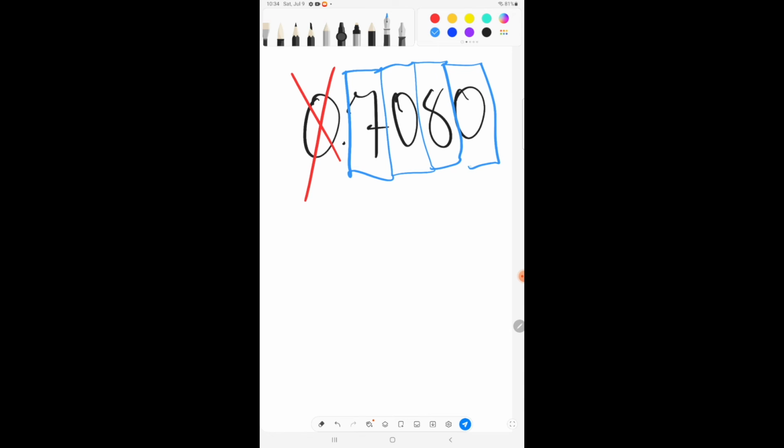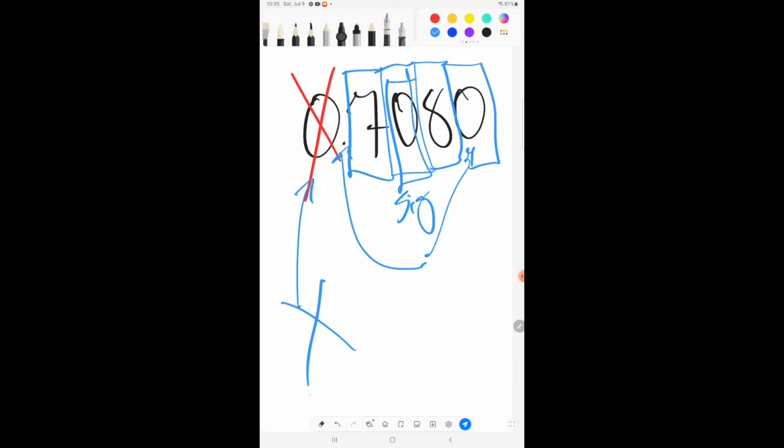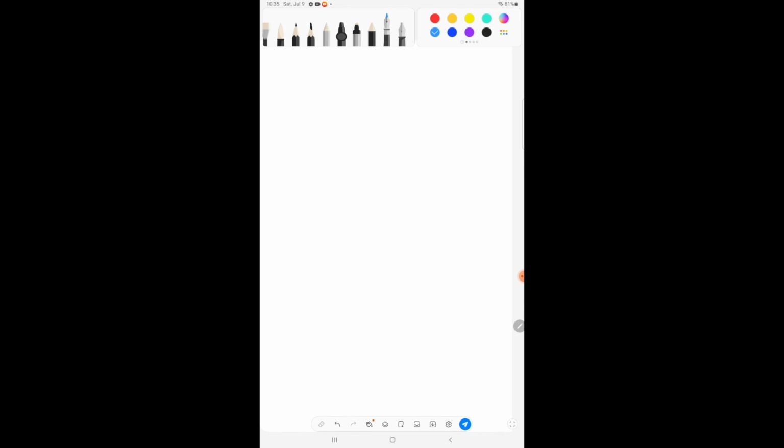This 0 is significant, right? Because it's a trailing 0 and we have this explicit decimal point. This is an embedded 0 right here, so it's always significant. Leading zeros are always insignificant.